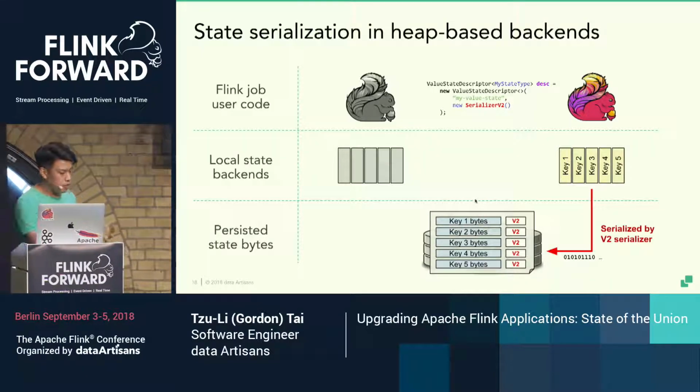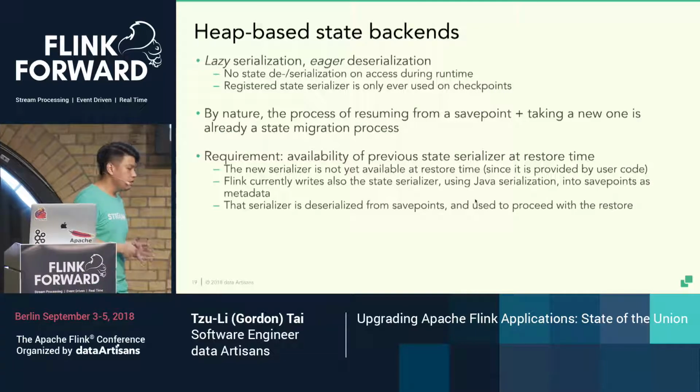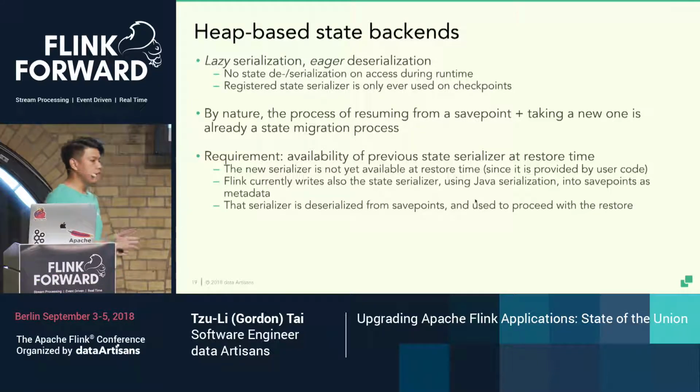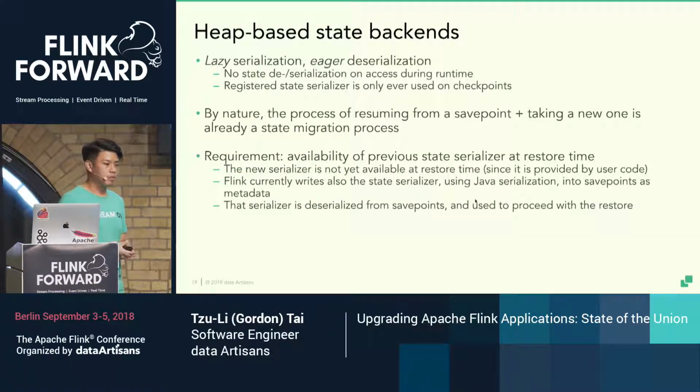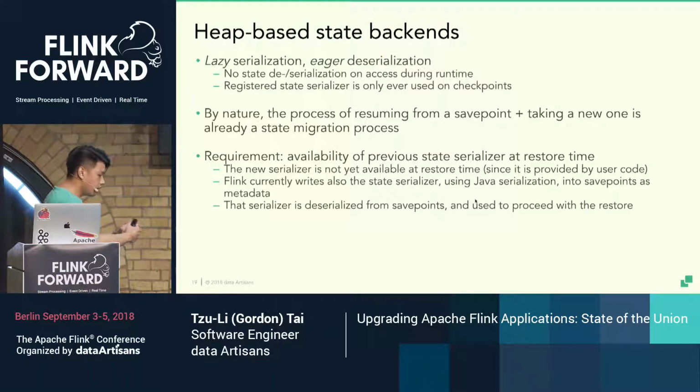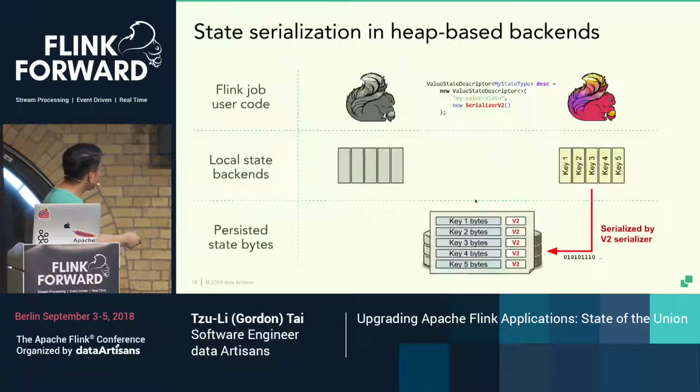With this in mind, by nature, for heap-based state backends the process of taking a snapshot, restoring, and then taking a snapshot again is itself already a state migration. The only requirement is that at restore time, we already have the previous state serializer available. If you're familiar with the life cycle of Flink operators, an operator first restores all these state bytes.